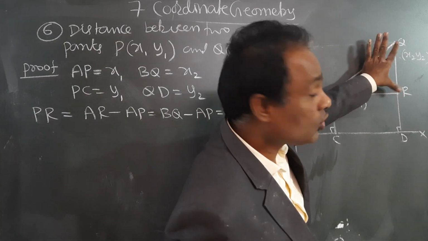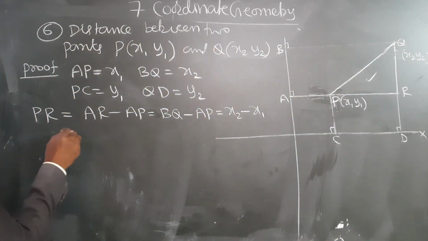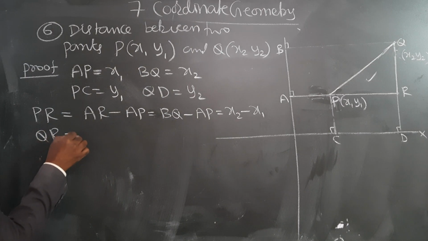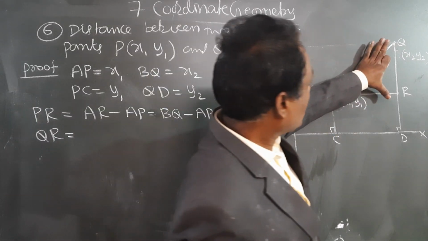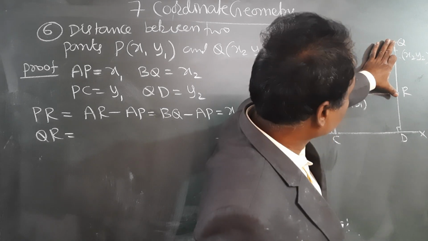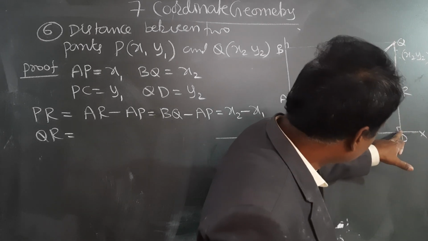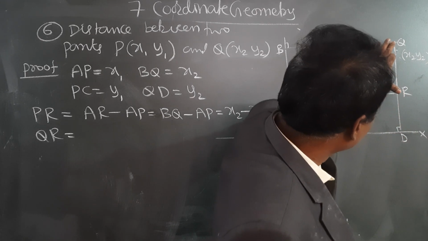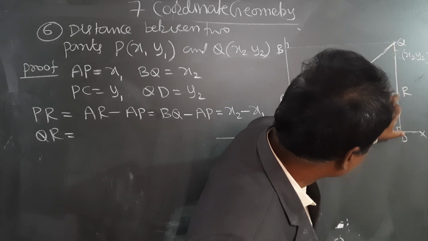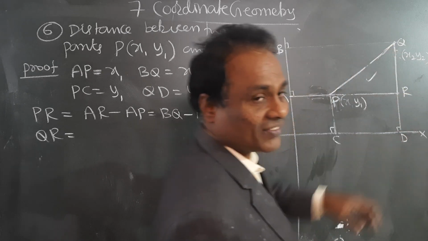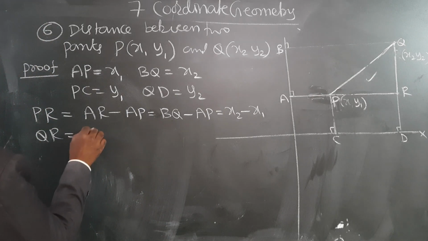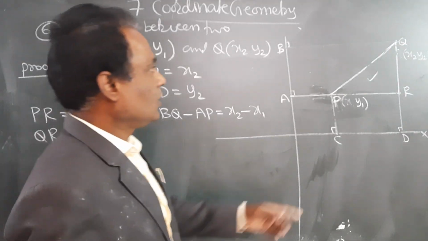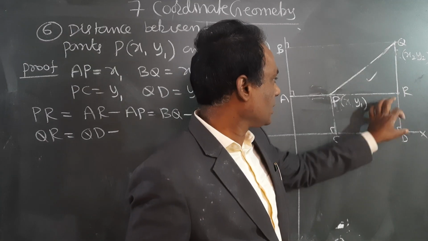Now I am finding QR. Carefully observe that QR. QR is equal to QD minus RD. Total distance QD minus RD, I will get the distance.